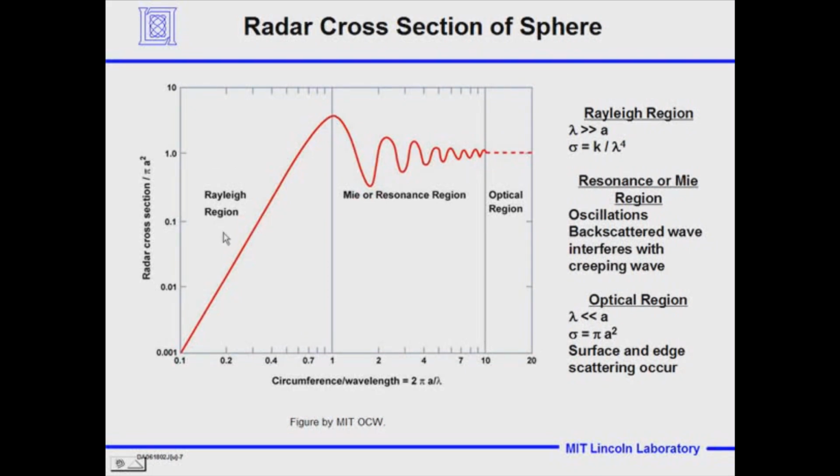Now, when the wavelength is much greater than the size of the sphere, we're in the so-called Rayleigh region. And a British scientist, Lord Rayleigh, did some work with scattering.